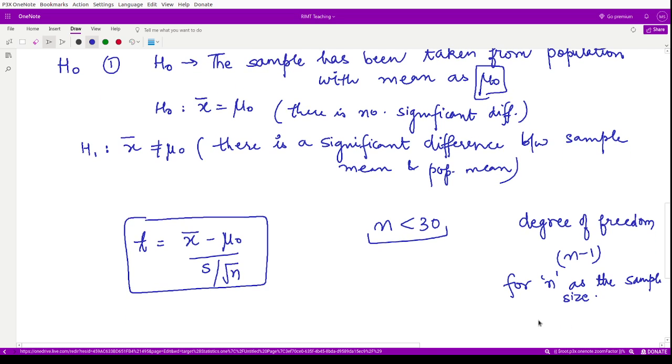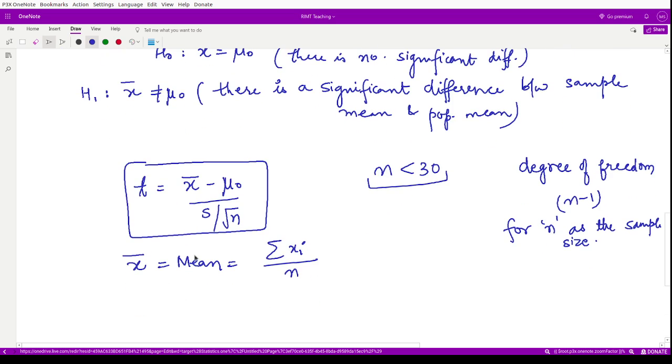Right? So we will use this thing here, where what is s? First of all, what is x bar? That is the mean of the sample. And how do you calculate the mean of the sample? Summation xi divided by the total number of elements present in the sample. And how do you calculate this s? So you calculate this s by computing the square root of the difference of squares, the usual method by which you calculate the standard deviation.